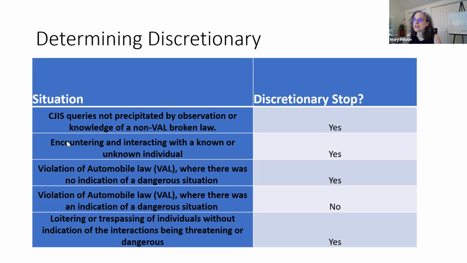Another example is if a police officer encounters an individual, whether or not the individual is known, encountering and interacting with individuals is a discretionary police action. Loitering or trespassing of individuals without indication that the interaction is threatening or dangerous, that also would be considered a discretionary police action.